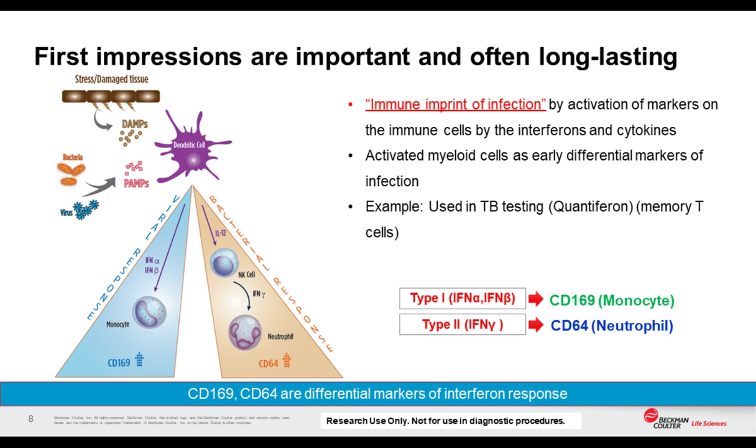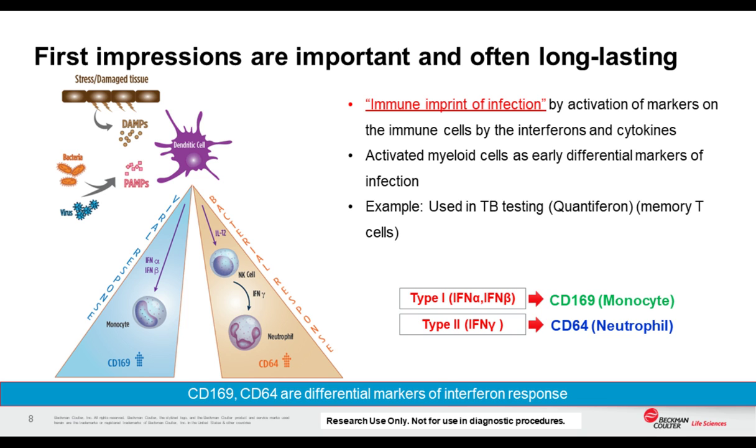Several cell surface markers are specifically activated on myeloid cells upon the secretion of interferons. Ideal markers of interferon response to infection would be specific to viruses and bacteria, helping to differentiate between the two. This is the case for monocyte CD169 and neutrophil CD64.